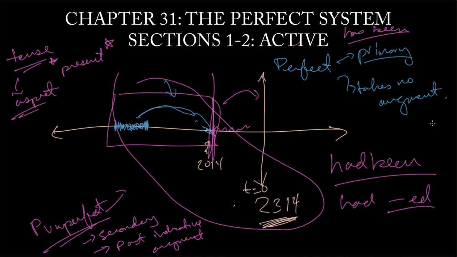That's why it's primary, that's why it takes no augment, but it's a completely different kind of meaning of completed action than we normally had seen with the present. The pluperfect, however, is a past tense. It's secondary, it takes an augment, and it takes the same aspect, the same completed action with later relevance, but it projects it all into the past, and this can often be a useful thing.